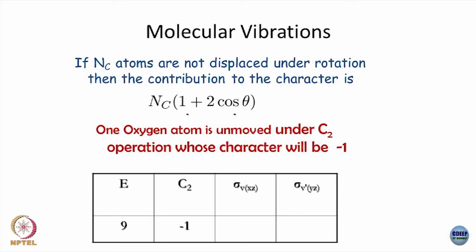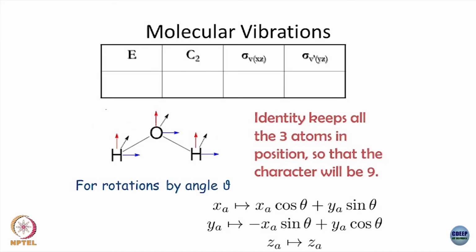If there are NC atoms which are not displaced, okay. So, in this particular example, when you do a C2 rotation, what happens? These 2 atoms get displaced. The number of atoms which do not get displaced is just 1.